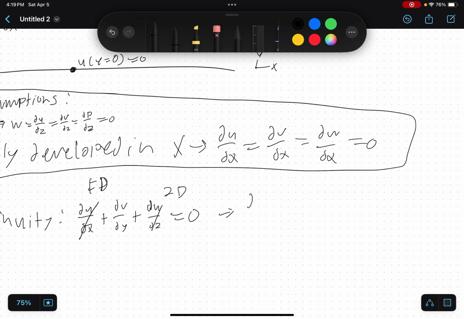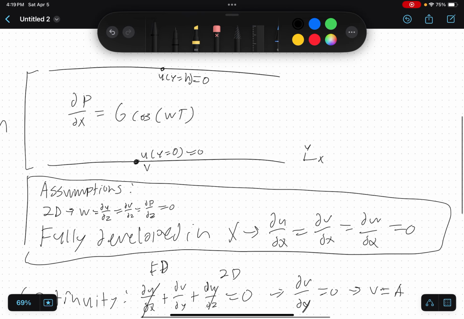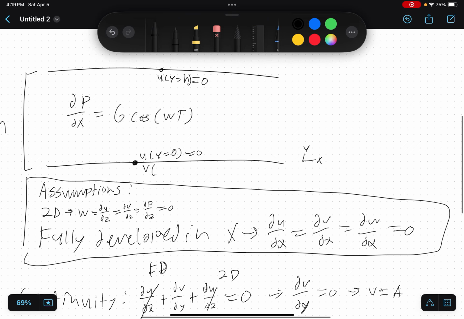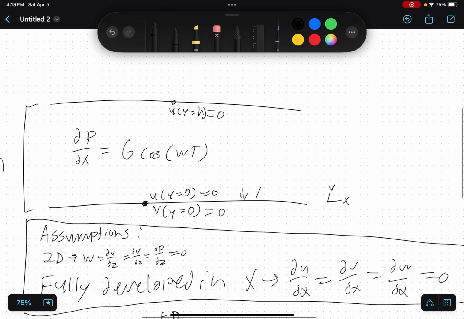Okay, dv dy equals 0. V equals a constant that I'll call A. V at y equals 0 is 0 because you can't go through a wall. You can't come out of a wall because it's a wall. And V at y equals h equals 0.